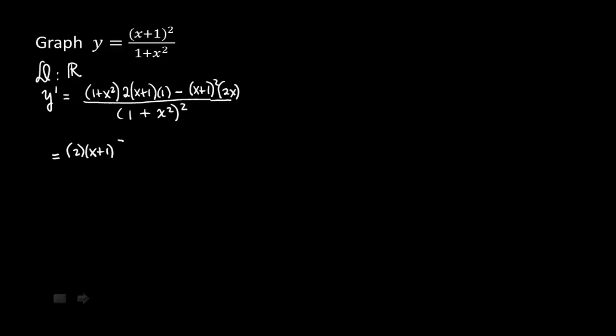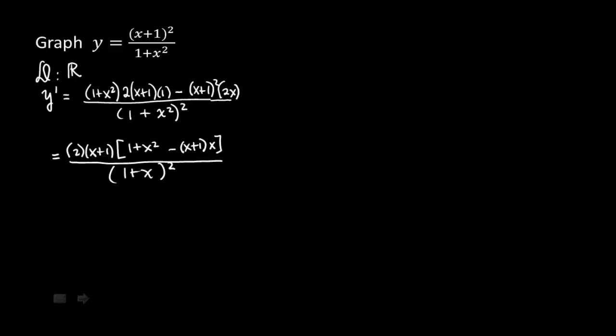What's left inside is 1 plus x squared, and then minus, x plus 1 is still left as a factor, and then you've got another x, because you pulled out a 2 and only one factor of x plus 1, so there's still one more remaining. That's where we got that, and the whole thing is divided by the square of the bottom.